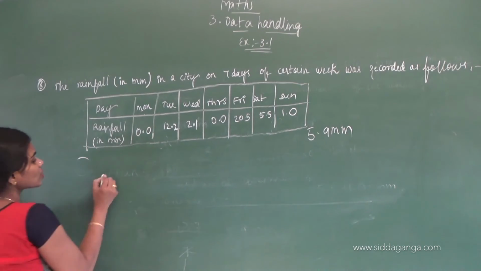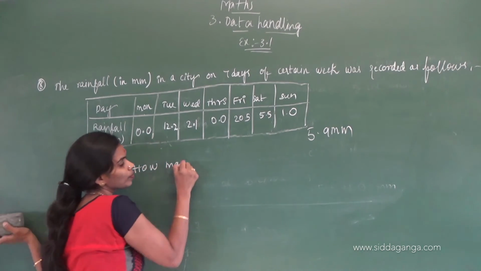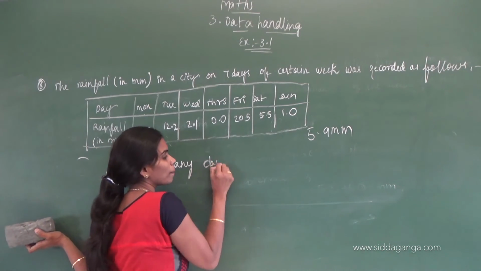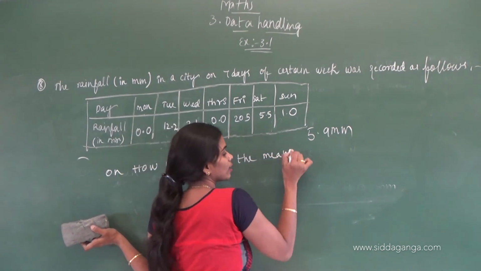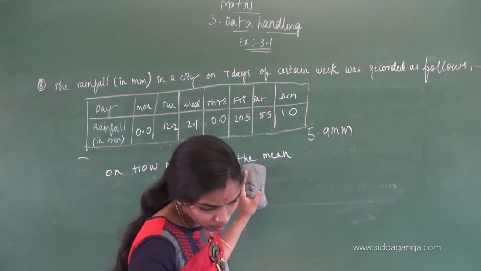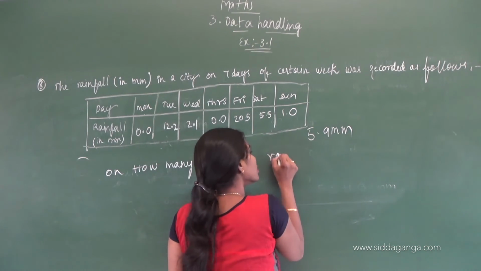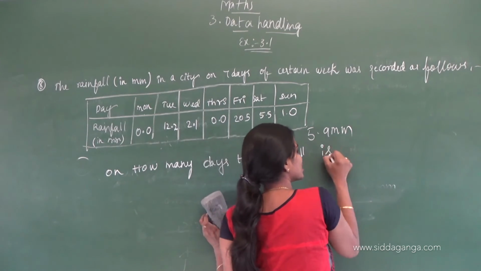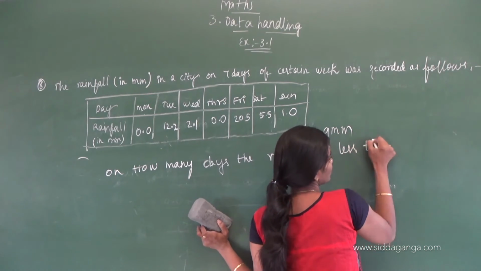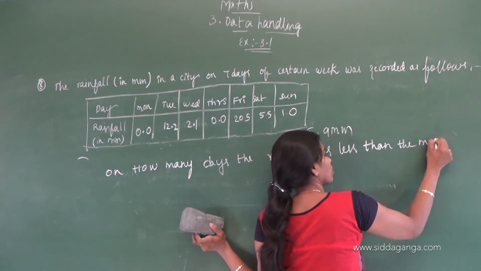On how many days the rainfall is less than the mean of rainfall.